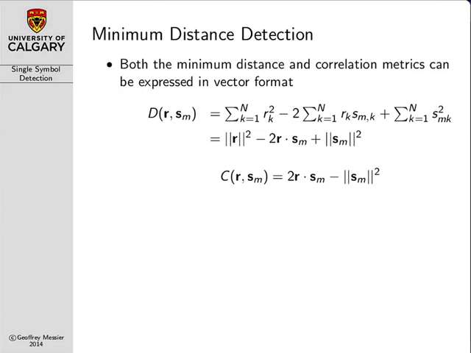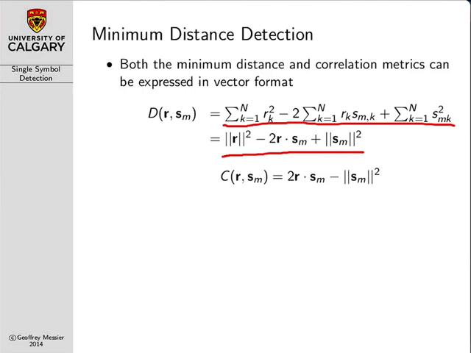When we do that, we get the expression here. We can express that also in vector form, where we've got the squared norm of r minus 2 times the cross product between r and a particular signal vector plus the squared norm of the signal vector.